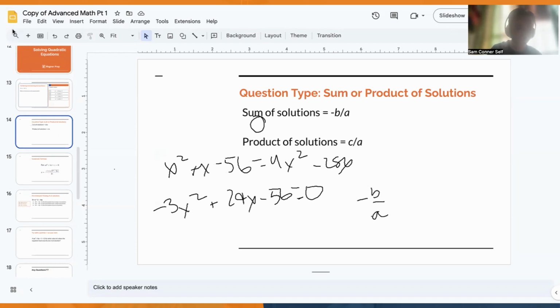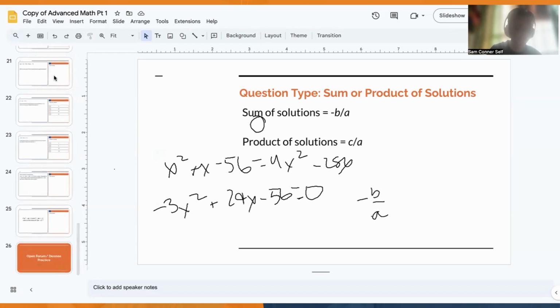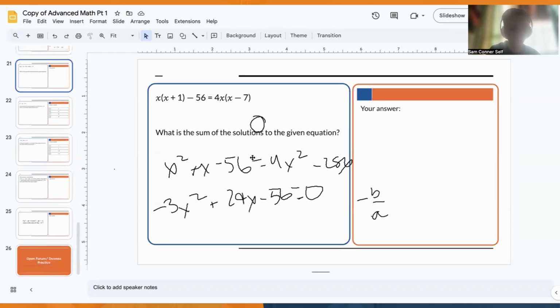So just going back to this slide, this practice problem. If it's negative b over a, we have the b and the a, so we can just plug into this little handy shortcut, and that will give us a quick way to find the sum of these solutions without actually finding the solutions.